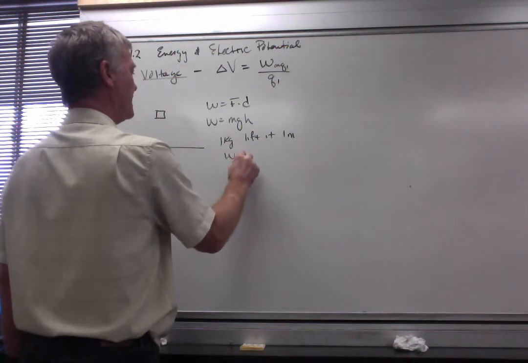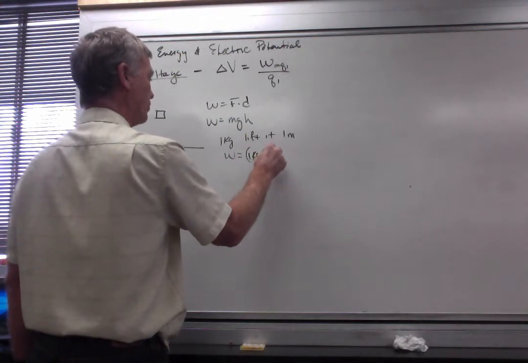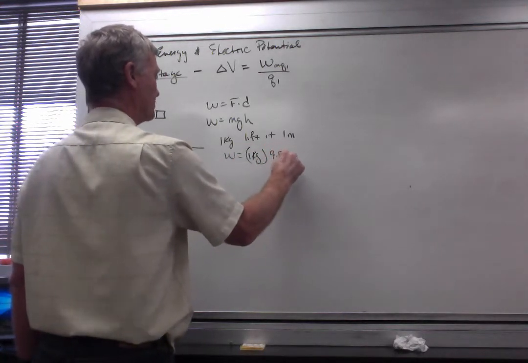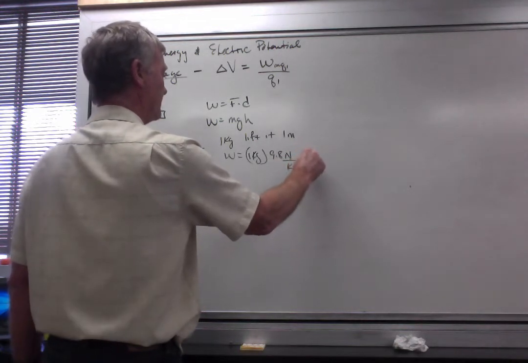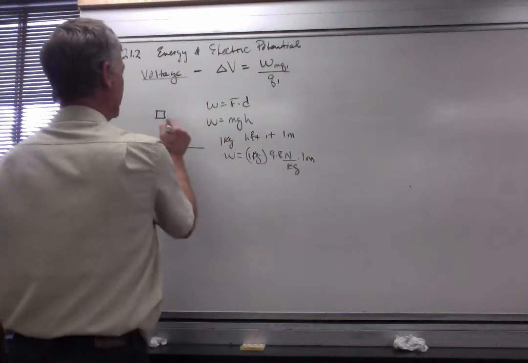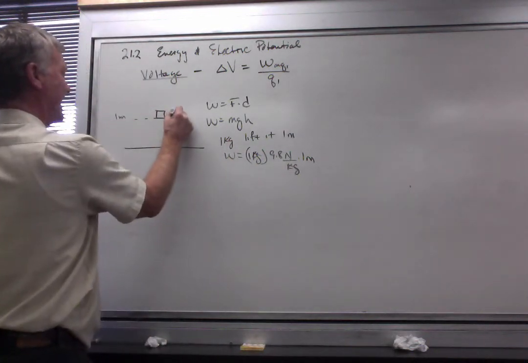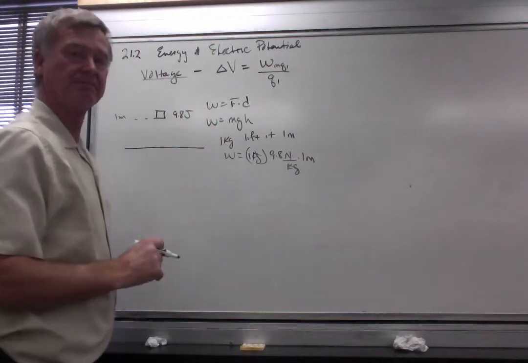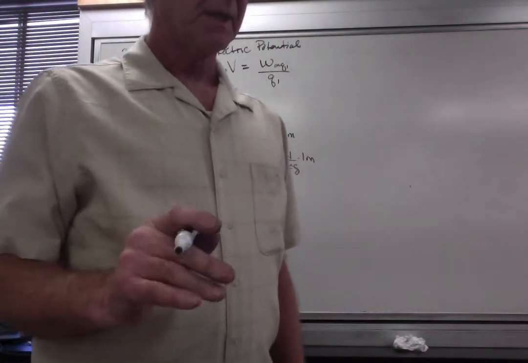The work would be 1 kilogram times 9.8 newtons per kilogram times 1 meter. Lifting this 1 meter, I would have needed 9.8 joules. Okay, so you may remember that from before.